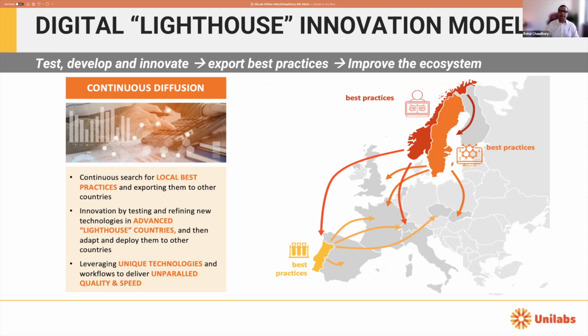And that has actually led to sharing of best practices across these countries, improving efficiency, productivity, and all of the modeling of unique technologies, right? Which has led us to be one of the best lab groups from a digitization, automation, and centralization perspective.